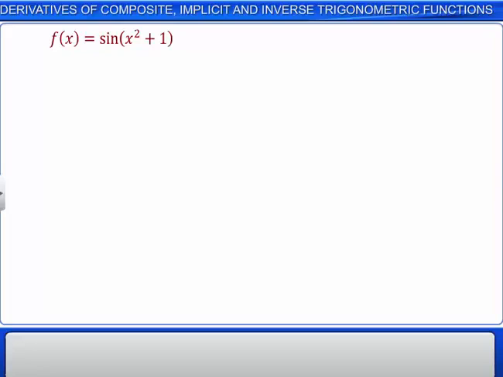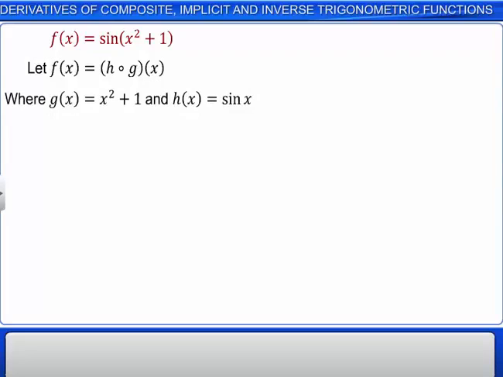Let's define the function as h circle g of x, where g of x is equal to x squared plus 1 and h of x is equal to sine x. Suppose t is equal to x squared plus 1. This implies that f of x is equal to h of t, which is equal to sine t.